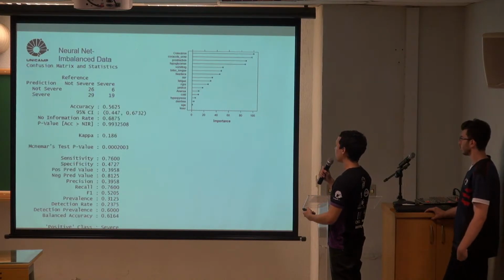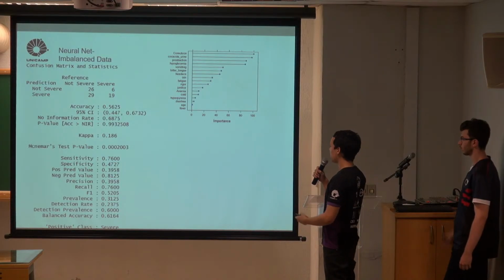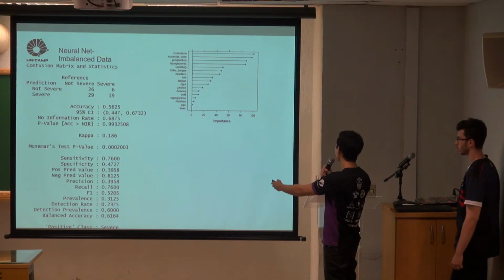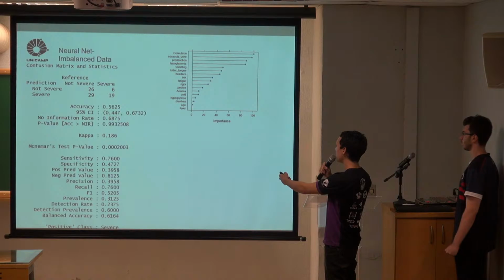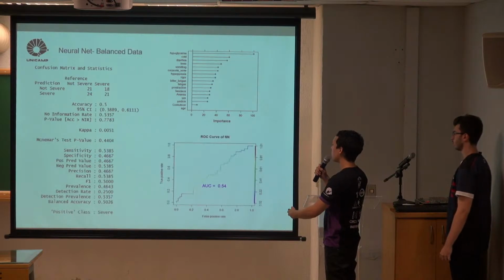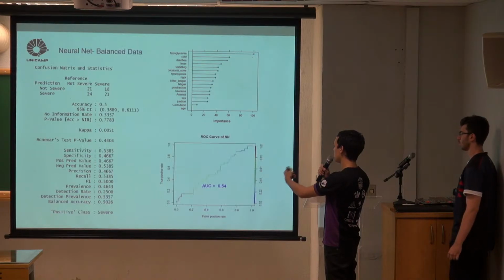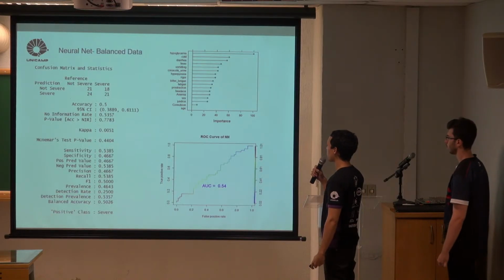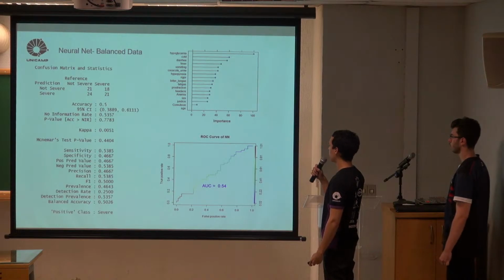Now we go to neural net. The neural net with imbalanced data showed us these metrics. We get 0.1 kappa and 0.5 accuracy. And here we got 0.5 accuracy and 0.005 kappa.